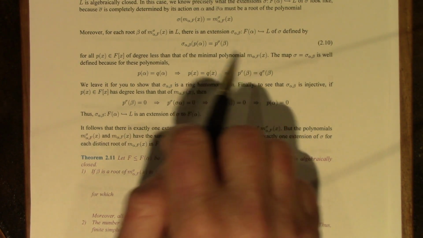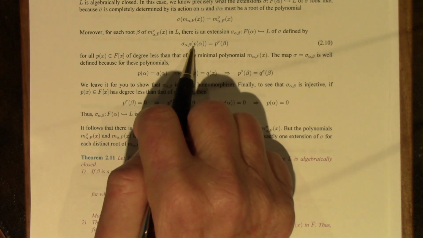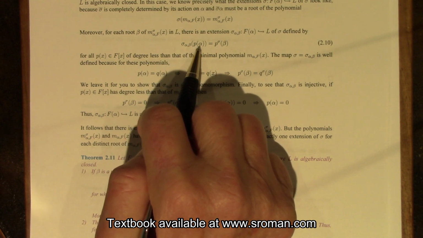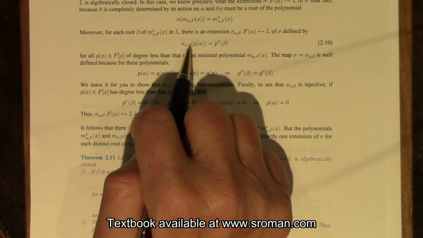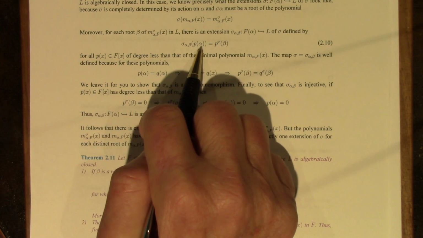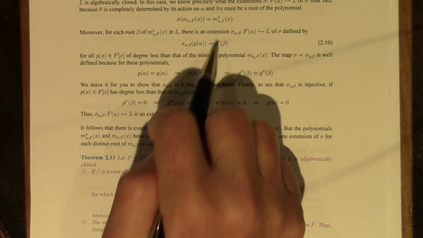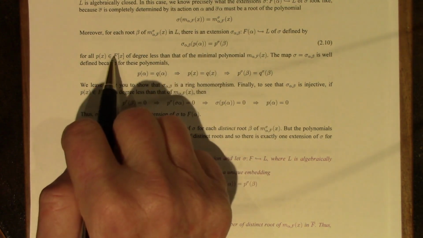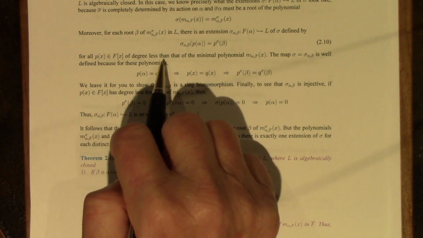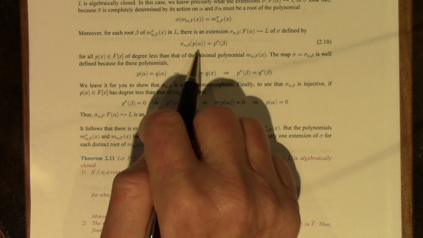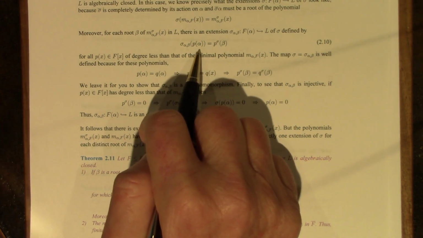We have to be a little careful because if we consider all polynomials p of x, different polynomials would have the same value, p of alpha, and we'd have to make sure it was the same on this side as well. So by restricting the polynomials to those of degree less than that of the minimal polynomial, we don't have to spend time showing this is well defined.